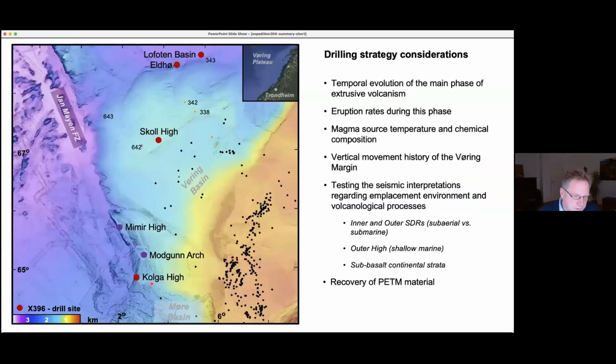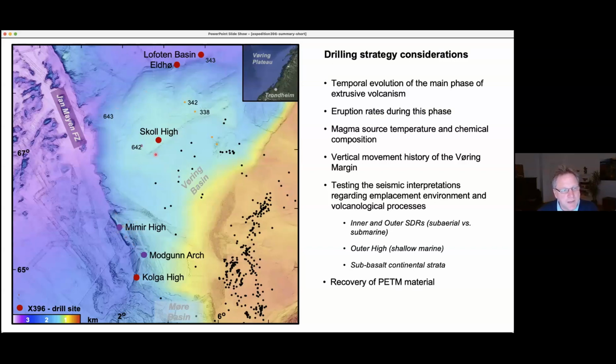So what we drilled here is really a big transect, from the south, the Kolga High, the very early phase of volcanism on the Møre margin. Then we drilled some vent sites here on the Modgunn Arch. Then we went to the transform margin here, the Mimir High, to obtain information about the Paleocene-Eocene Thermal Maximum.